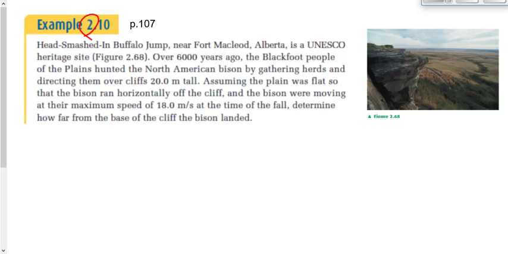So you've got these bison who are not known to be the smartest animals in the world, and you've got these Blackfoot people who are much smarter and pretty ingenious, actually. Lack of technology, but some sense in their heads.